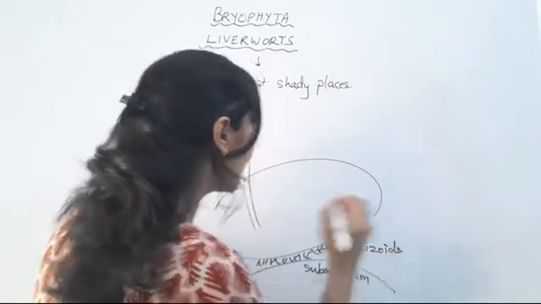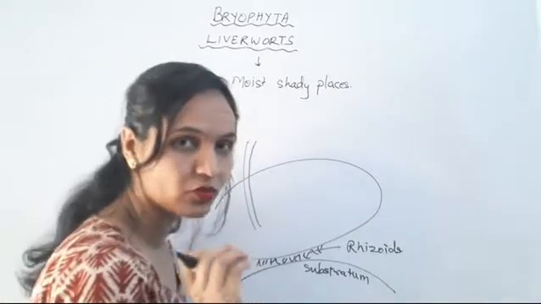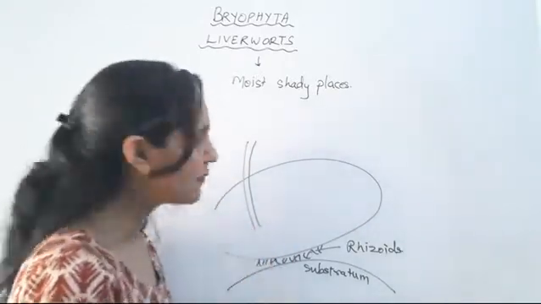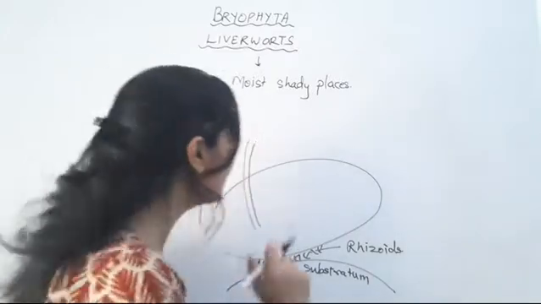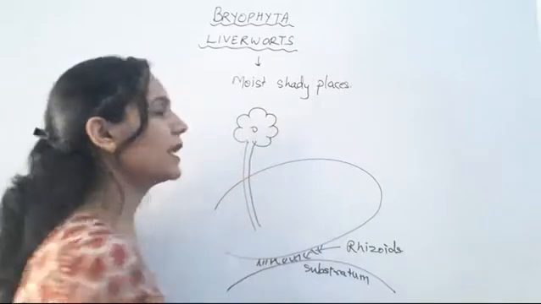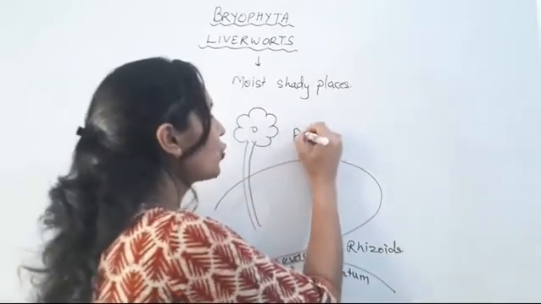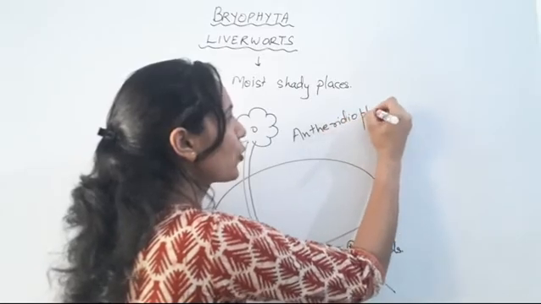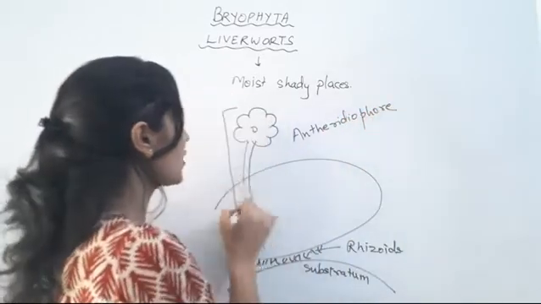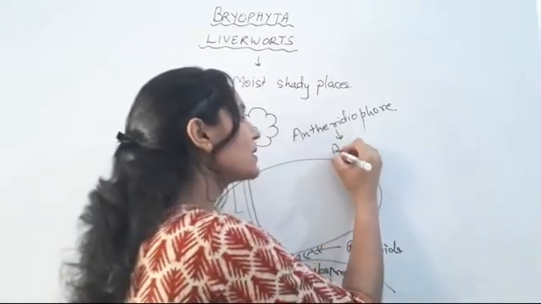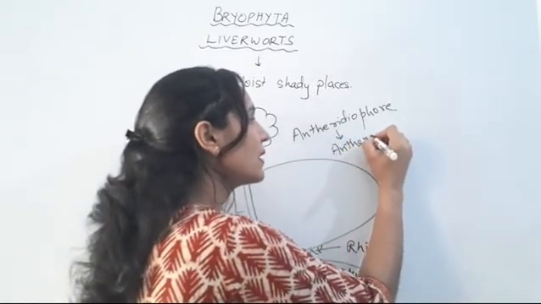And I told you that we're going to discuss the male and female structure. So what is the difference between a male bryophyte and a female bryophyte, or the liverwort here? This is a typical male structure like this, and this structure is known as antheridiophore, which produces antherozoids.